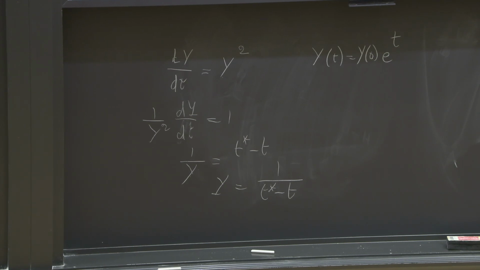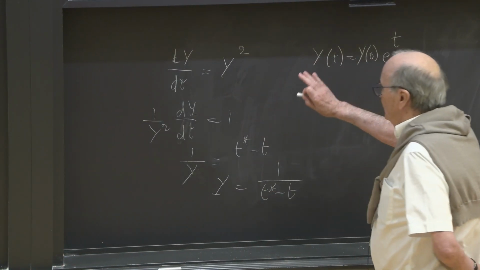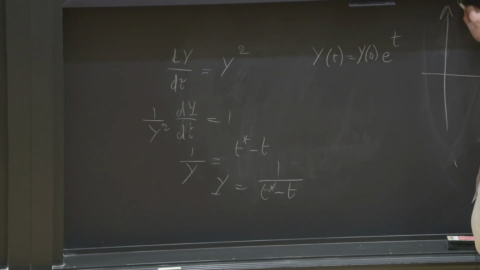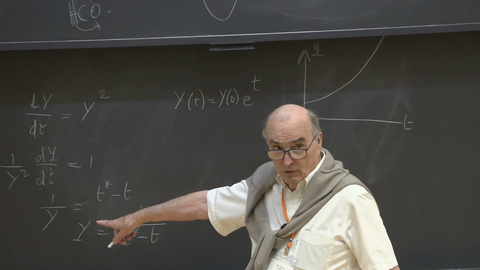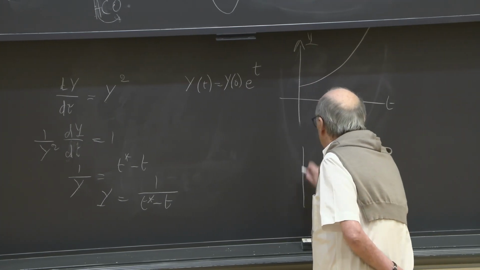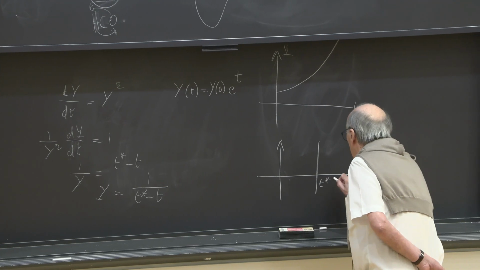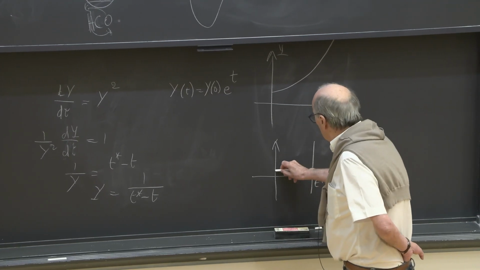I will spend some time on this because at least you should retain this: when I plot y in terms of t, I have an exponential. Now, because of the square here, what is going to appear is a singularity at finite time. And you can compute the singularity with the initial condition.